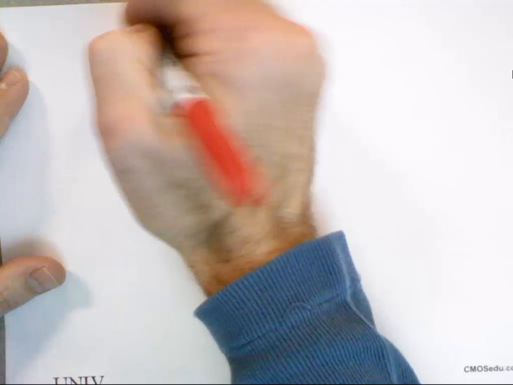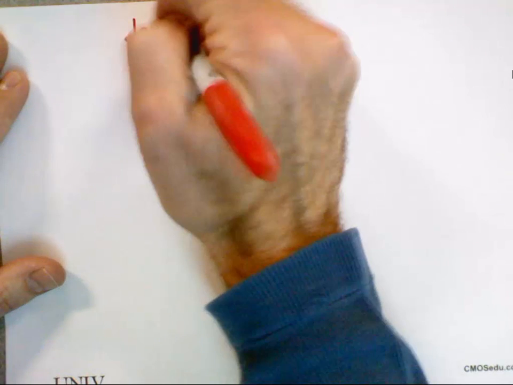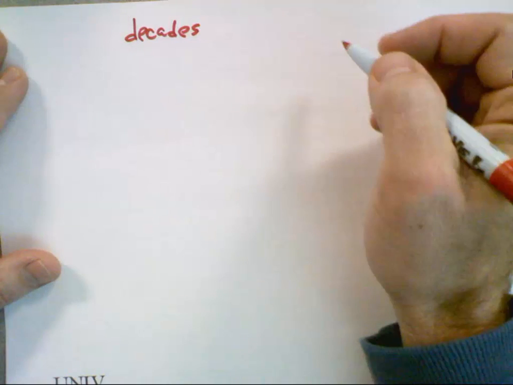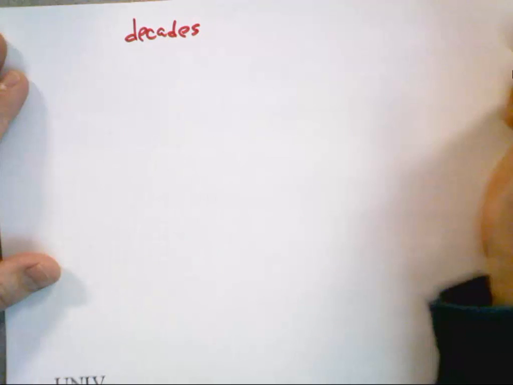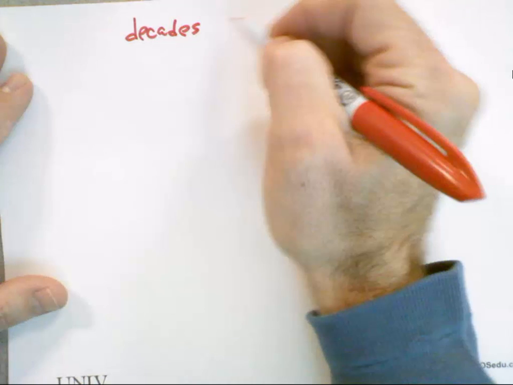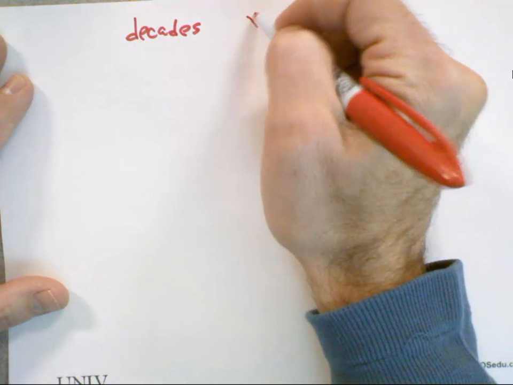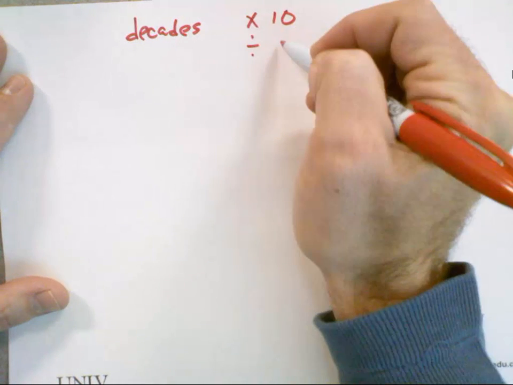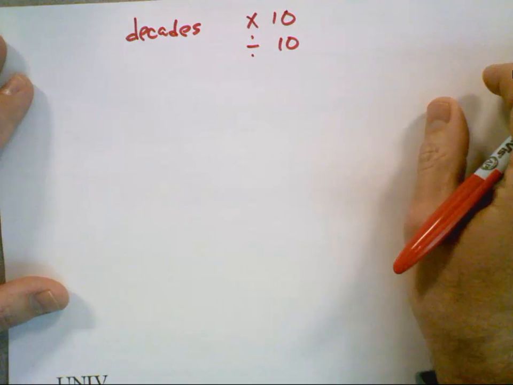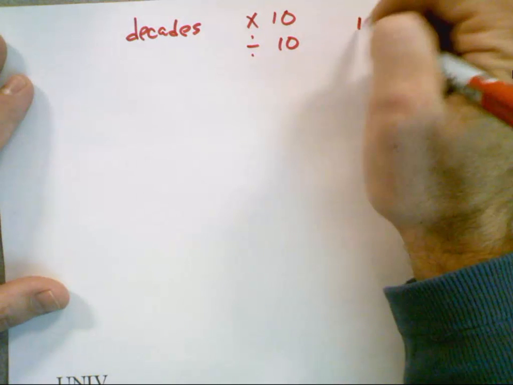All right. So when we talk about decades, and we'll do that when we talk on Monday about the Bode response and all that, when we talk about decades, that means either times 10 or divide by 10. What's 1 decade above 1 kilohertz?